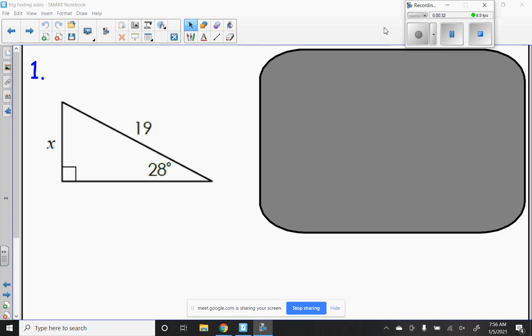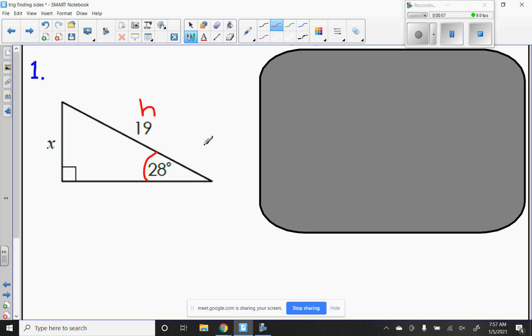So first thing you want to do is identify your angle. We're going to use angle 28. And you have to identify what positions the two sides are. I recognize the 19 as the hypo.